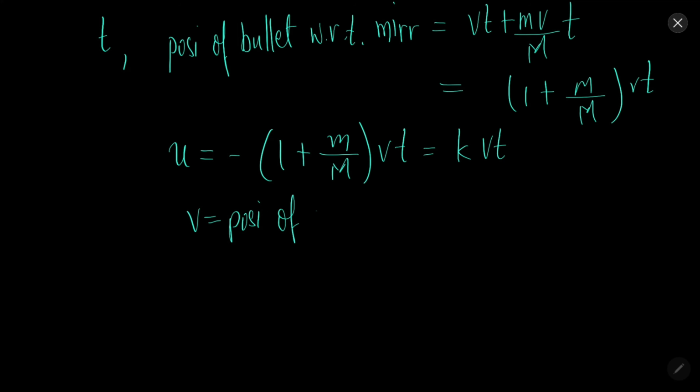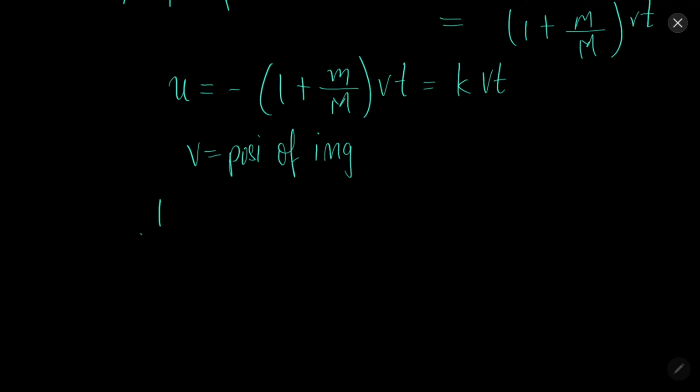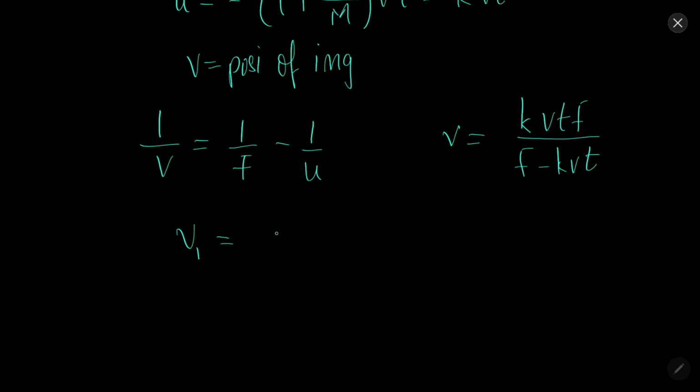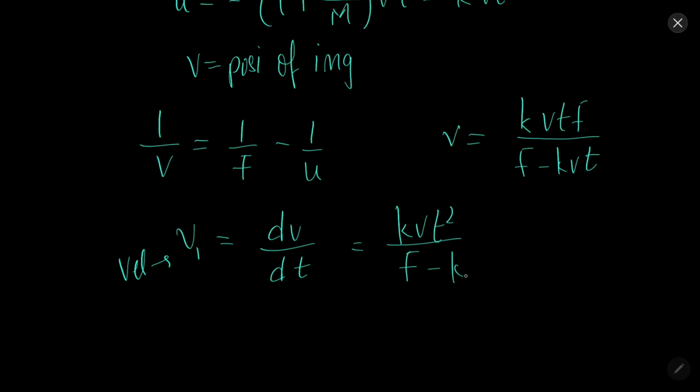Position of image, from lens formula we will have v equal to f kvt over f minus kvt. So v1 will be dv over dt. This is the distance, this is the velocity, remember. So d by dt of this, after differentiation you will get f kvt square over f minus kvt whole square.